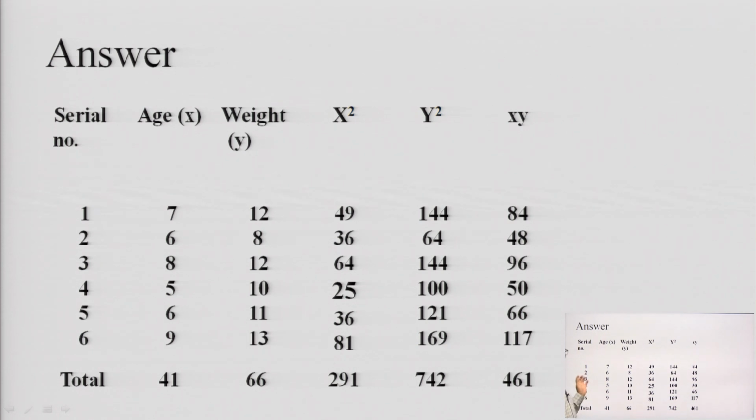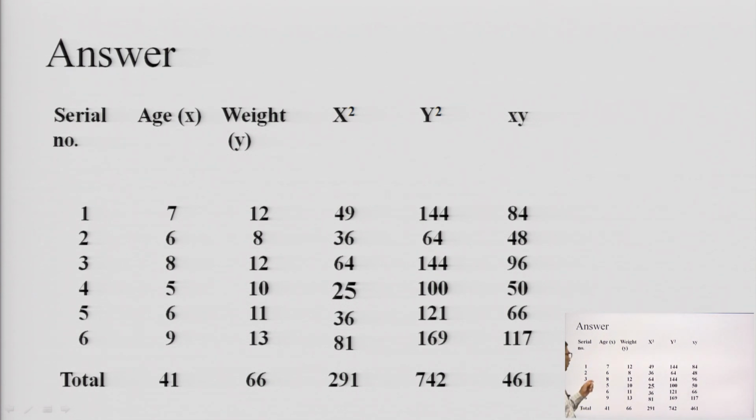First of all we draw a table, in which we write the age and take it as x. Why do we take it as x? Because it is the independent variable, and as you know the independent or known variable we take as x. These are 7, 6, 8, 5, 6, 9, and then we find the sum of x.